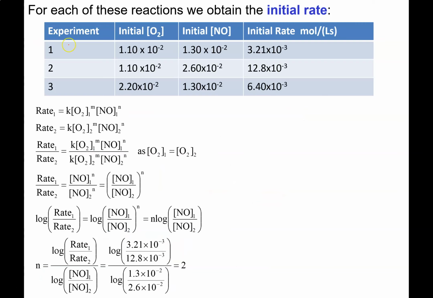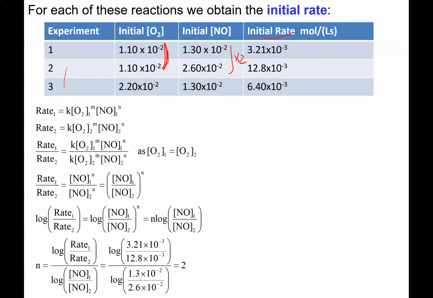So let's look at some data for this. We've got three experiments here, and then we've got initial O2 concentration, initial NO concentration, and then here's the giveaway that it's an initial rates problem: we've got initial rate. If you look at the first two runs of this experiment, you will see that the O2 is constant, but the NO doubles.